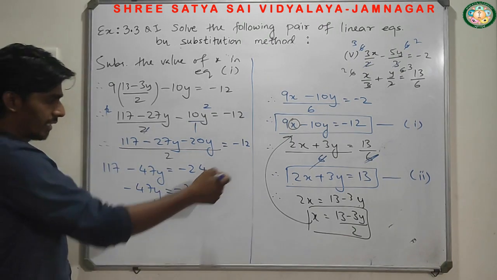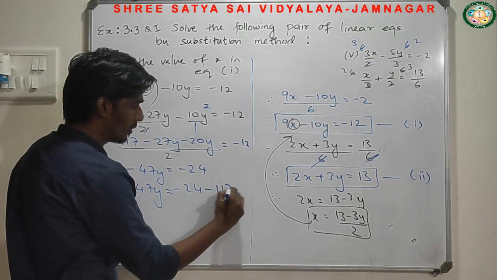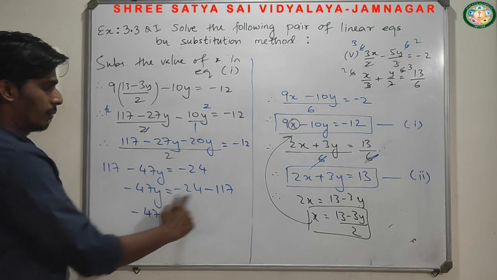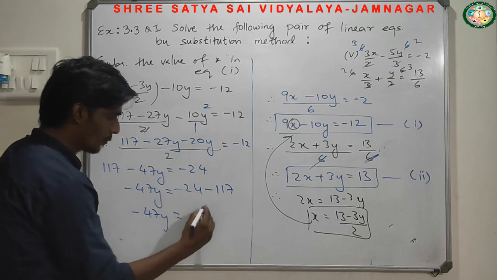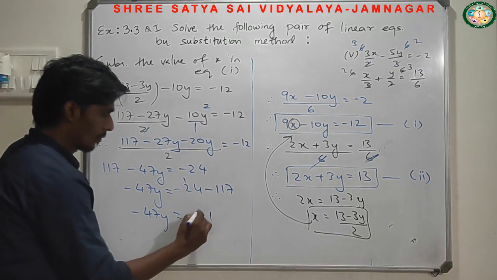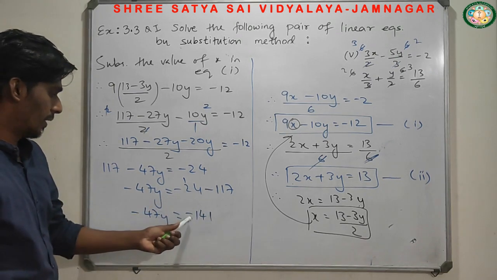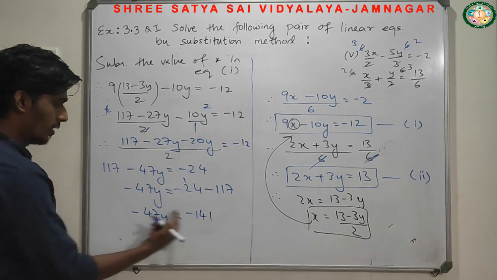If I take this one over that side, so it's what? Minus 117. So minus 47y. If I add both this number, 7 plus 4, it's 11. It's 141, minus. Minus minus greater number sign. So both the side minus sign is there.